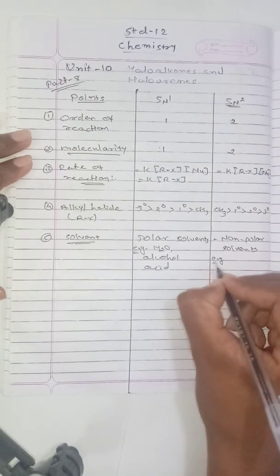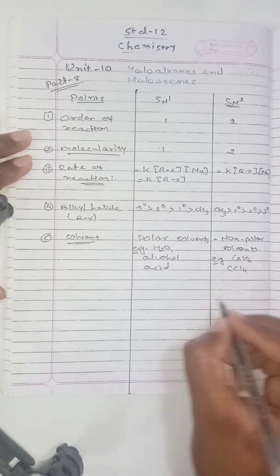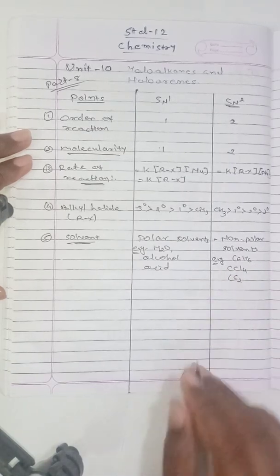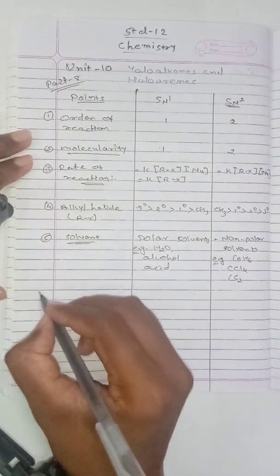For example, benzene, carbon tetrachloride, carbon disulfide. This is the example of SN2 reaction.